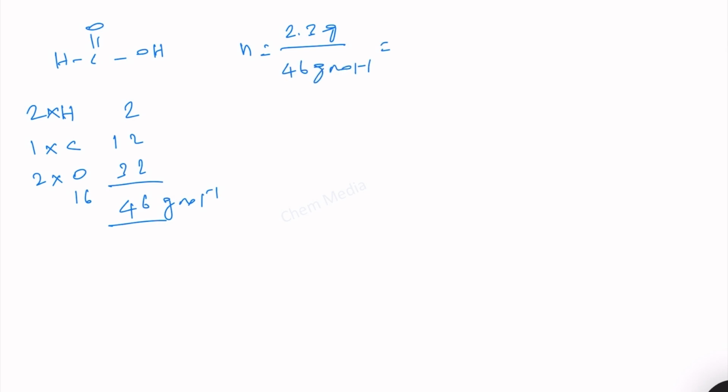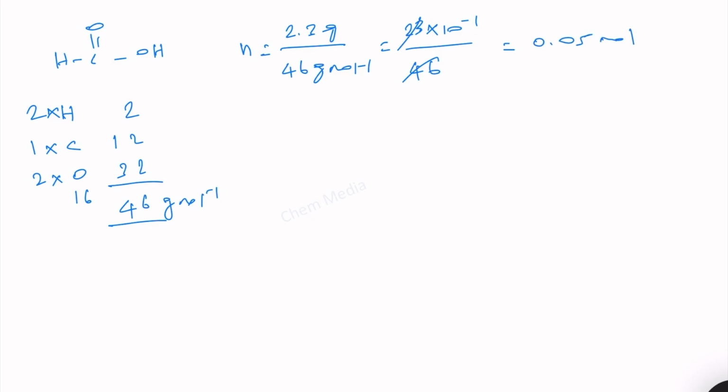Let us write this as 23 times 10 to the power minus 1 divided by 46. So, in this case it will be 1 by 2, 0.5 times 10 to the power minus 1. So, 0.05 mole is what we have.